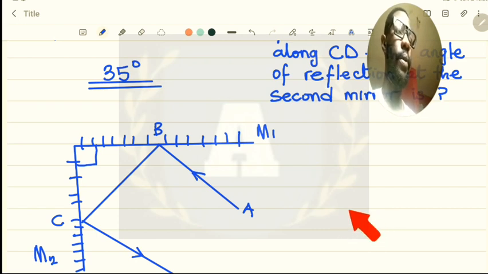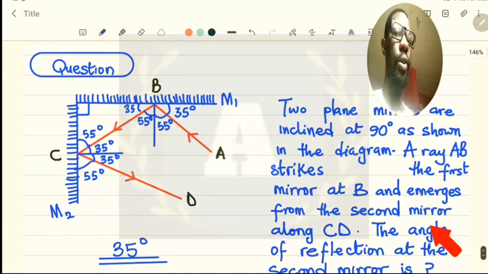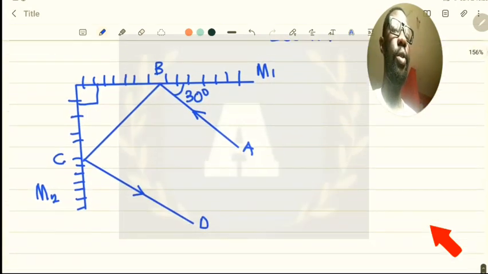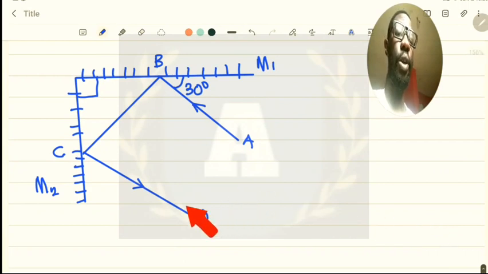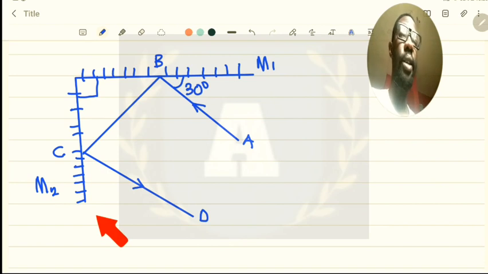Now you are given the glancing angle here to be 30 degrees. I want you to tell me what will be the angle of reflection from the second mirror, M2.